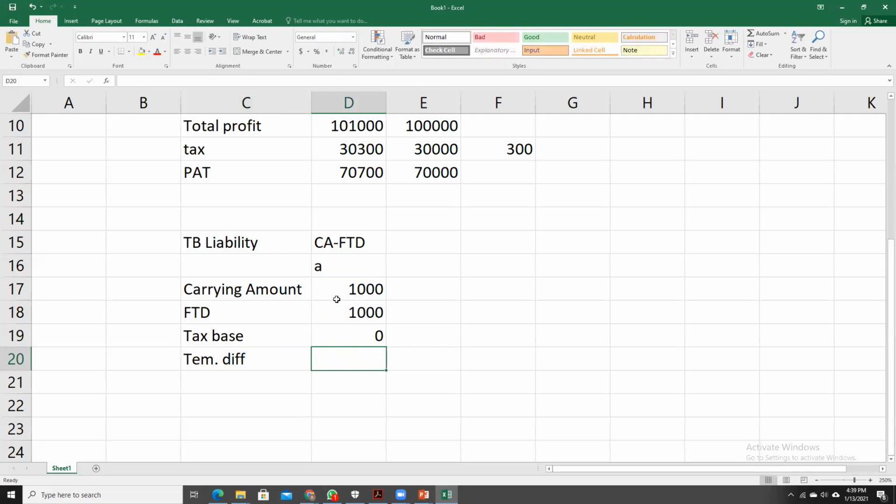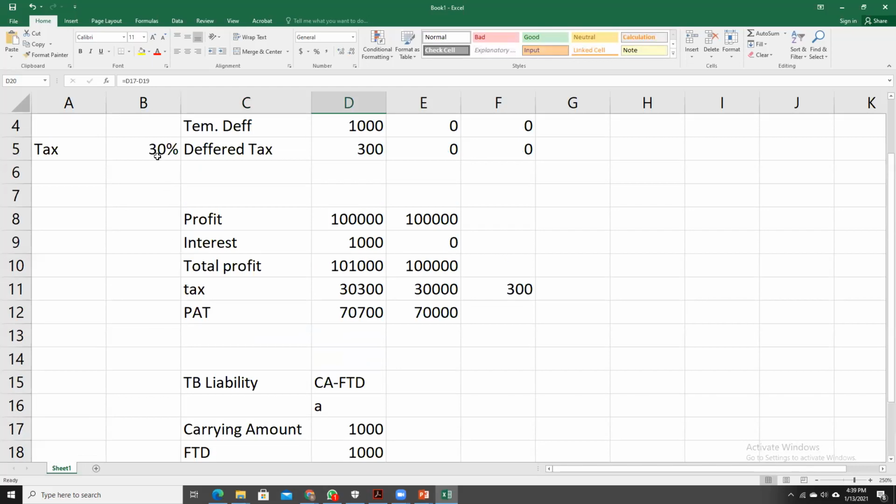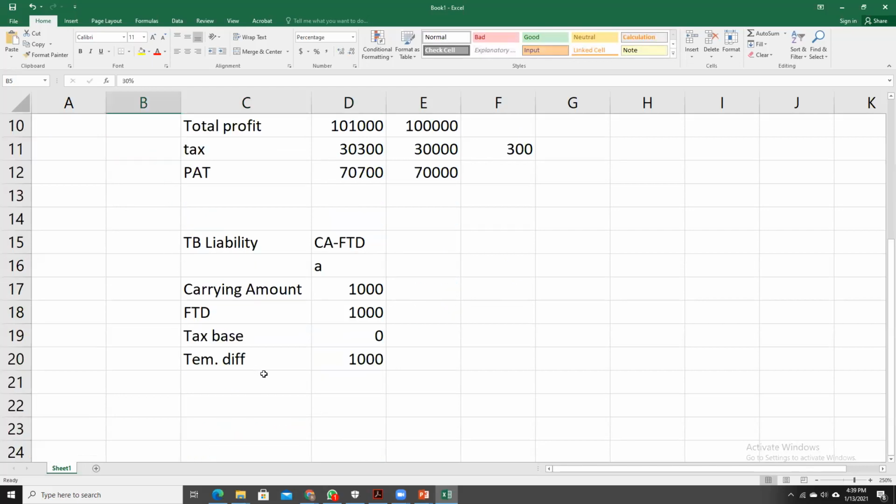Carrying amount is 1,000 minus tax base 0, so temporary difference is 1,000. Clear? If the corporate tax rate is 30%, then how much deferred tax here? 1,000 into 30%. How much deferred tax? 300. Simple. 300, 1,000 into 30%.